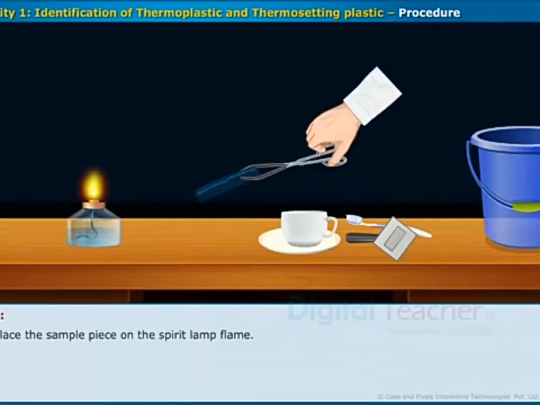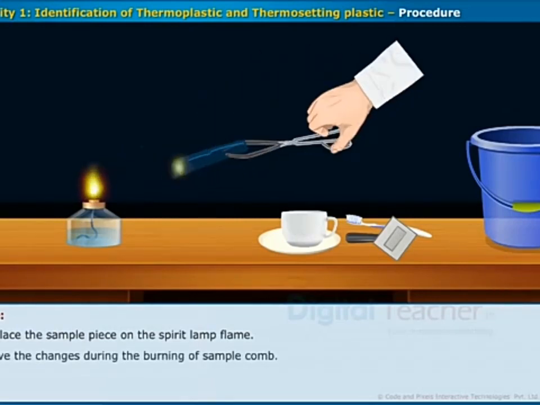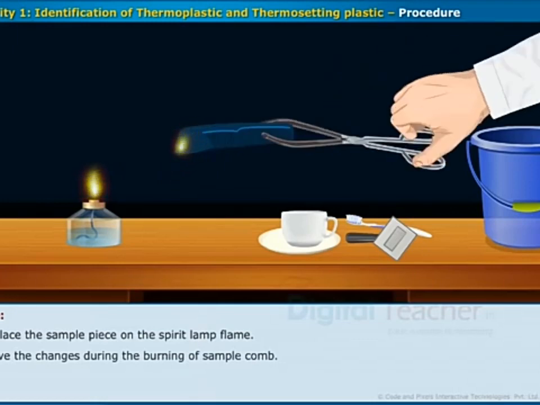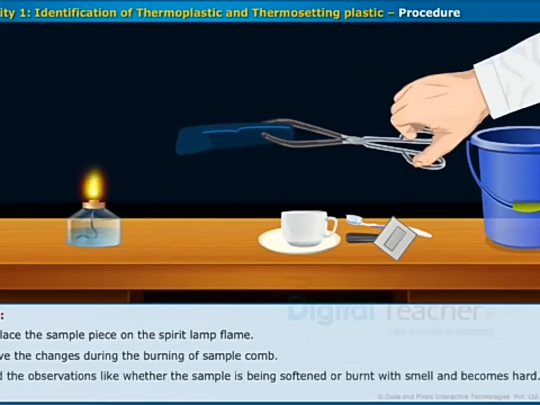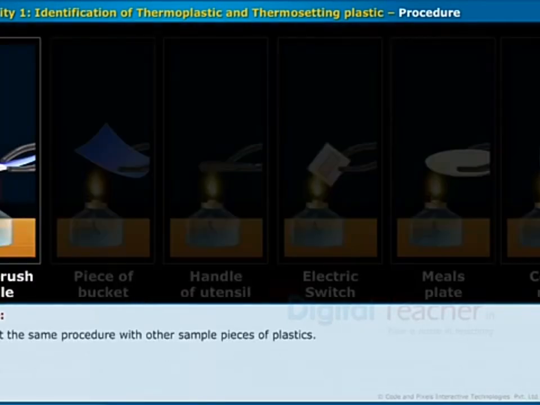Now, place the sample piece on the spirit lamp flame. Observe the changes during the burning of the sample comb. Record the observations, like whether the sample is being softened or burnt with smell and becomes hard. Repeat the same procedure with other sample pieces of plastics.